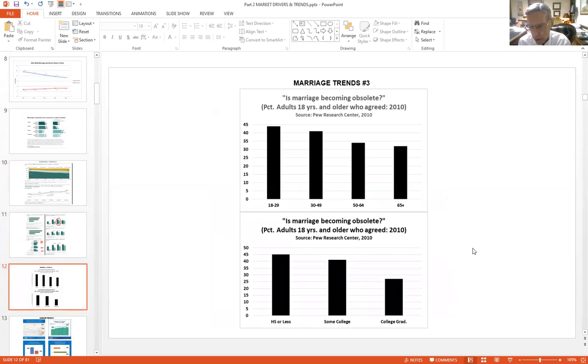And so the Pew Research Group, back when that survey was done, asked respondents whether marriage was becoming obsolete. And you can see that among younger folks, young adults, the portions were pretty high, over 40% in both the 18 to 29 and 30 to 49 year group. And even among adults over 65, the portion was about a third.